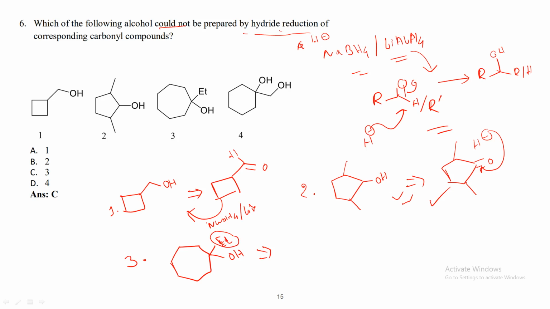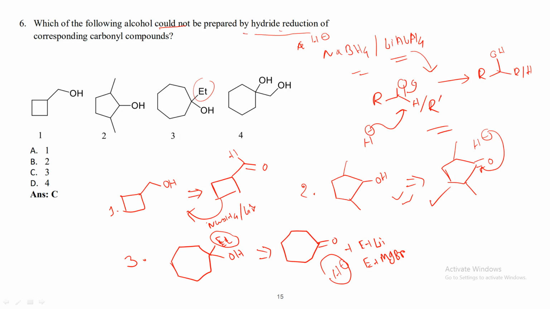If we want to prepare this, we need a second ring keto, and another thing required would be this kind of species, right? Because we need to incorporate one ethyl group over here, not hydride. With hydride, it would only give a secondary alcohol. So with hydride reduction, this is not possible. And what have they asked for? Could not be prepared. So 3 could not be prepared by hydride reduction.